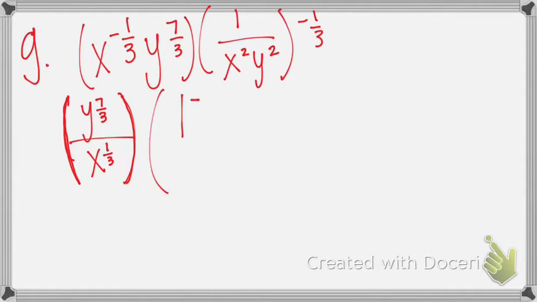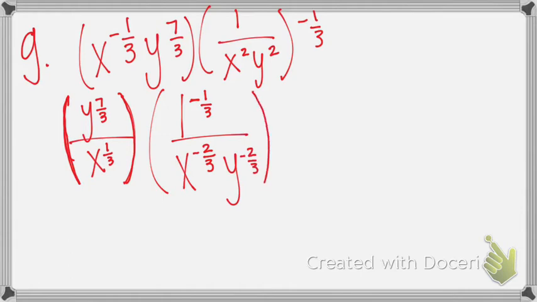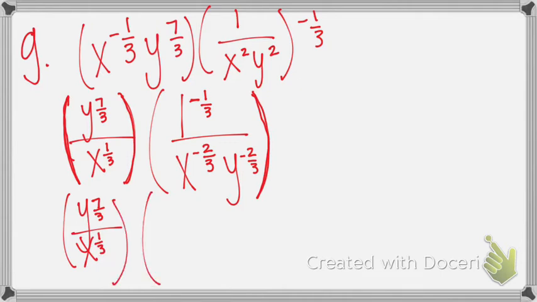So we have 1 to the negative 1/3 over x to the negative 2/3 and y to the negative 2/3. Here we have to apply the negative rule. So I'm just simply going to bring this one down. Now here we're basically just swapping the sides. So I'm moving the top to the bottom and the bottom to the top since they're negatives on both. So we're left with x 2/3 and y 2/3 over 1 to the 1/3.